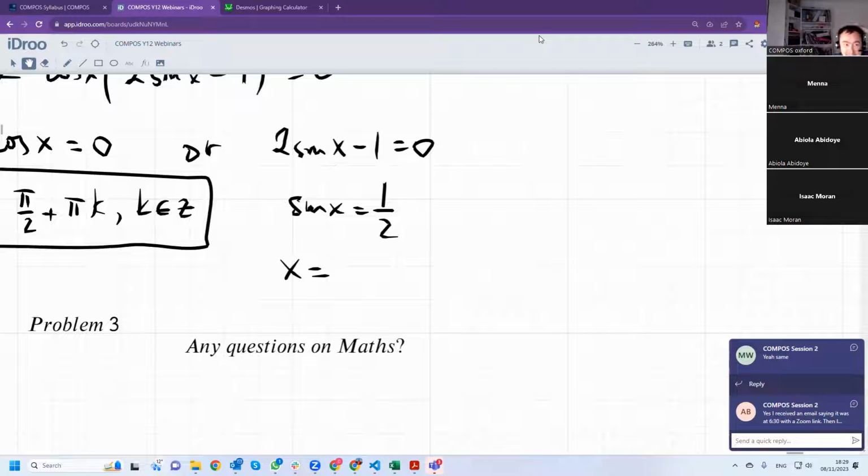So we have x. Well, sine is equal to x. I've done this last time. I went through this one. x is pi over 2, so this is 1.